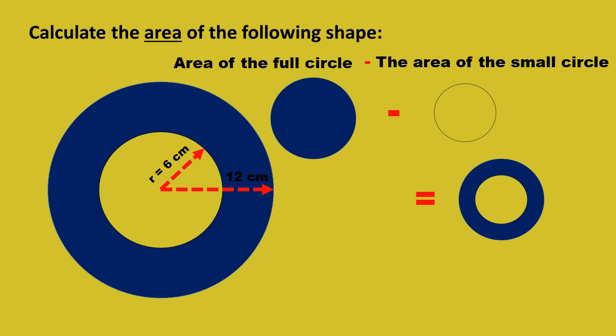So you take the area of the full circle minus that smaller circle, and that should give you the area of the shaded part. Okay, I hope that makes sense. Let's have a look at how we would do that.